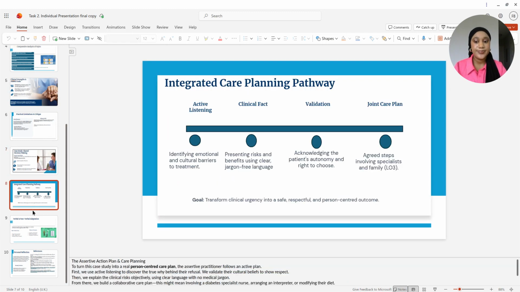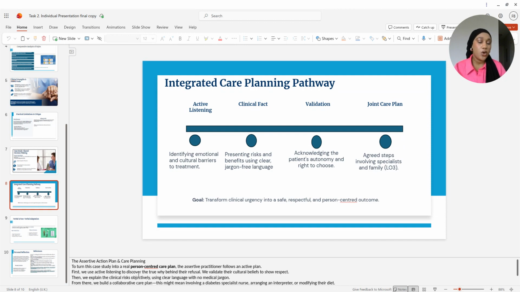Next slide. The assertive action plan and care planning. To turn this case study into a real person-centered care plan, the assertive practitioner follows an active plan. First, we use active listening to discover the true why behind their refusal.